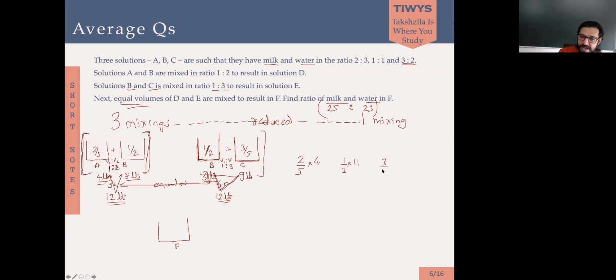C is going to be 3 by 5. How many liters? 9 liters. Do you know the total is going to be 24? 12 and 12, 24. If your mind is working at super speed, you could say 4 by 24, 1 by 6, into 11 by 24. The total is 24. Okay, 3 by 5 into 9 by 24.